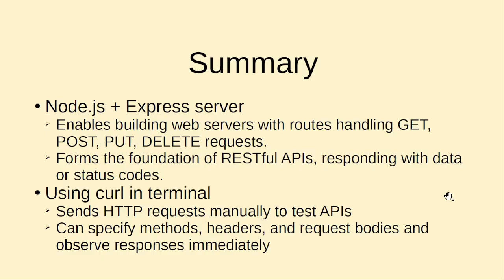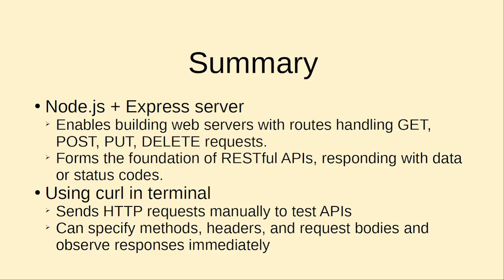Now to sum up, Node.js combined with the Express framework provides a fast and reliable environment for building web servers with routes handling standard HTTP methods such as get, post, put, and delete. These routes allow the server to respond to client requests with appropriate data or status codes, forming the backbone of RESTful APIs.